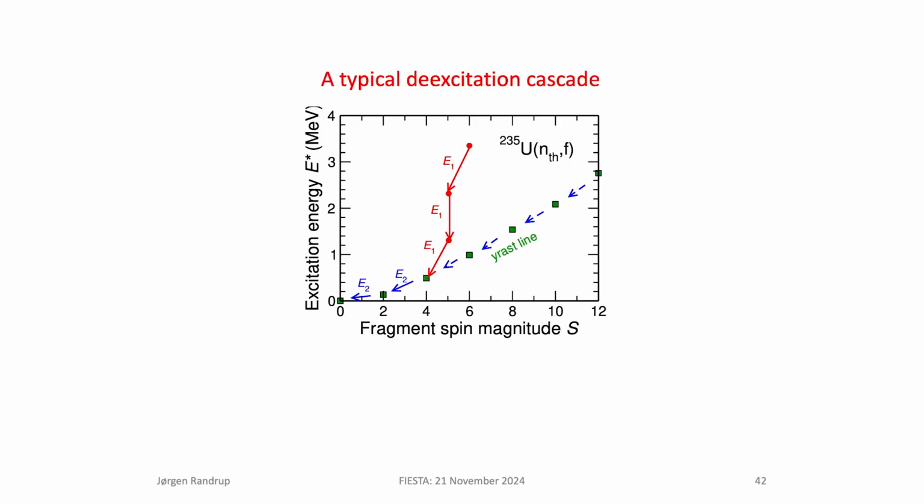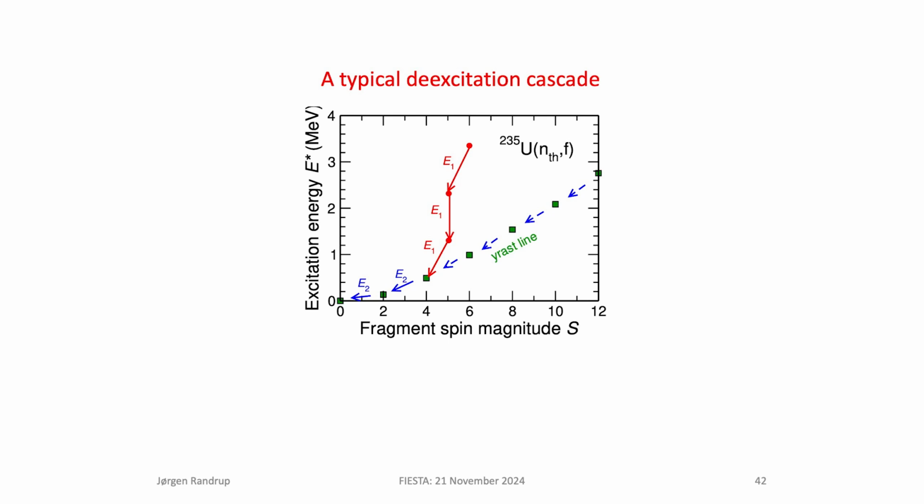Here's, just out of free air, a drawn typical de-excitation cascade. You start somewhere up here, and there are two stages. First, you have statistical emission of dipoles, typically a number of those, and they are typically higher in energy than the collective ones. Once you do this, until you have no statistical excitation left, you are down here at the rotational band, the Yrast line, and then you do collective transitions.